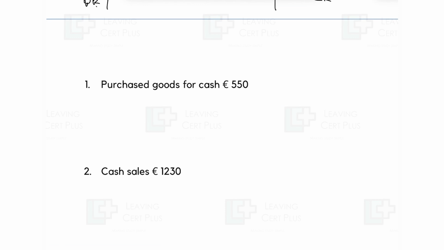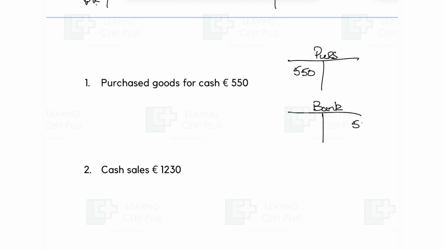All right, purchase goods for cash. Purchases are always debited because the goods are coming in. So you're going to debit purchases account with 550. You didn't buy them on credit. You bought them for cash stroke bank. So in other words, you, being the business, paid €550 to get these goods.